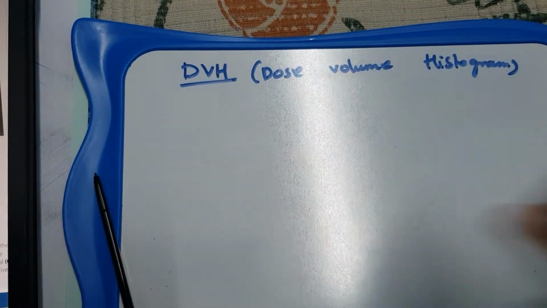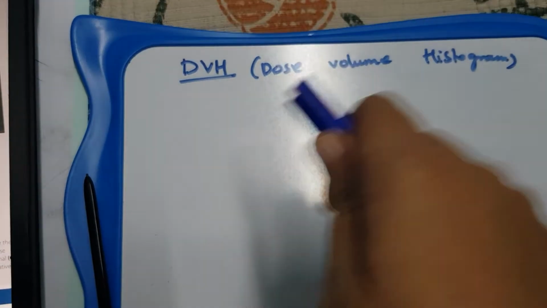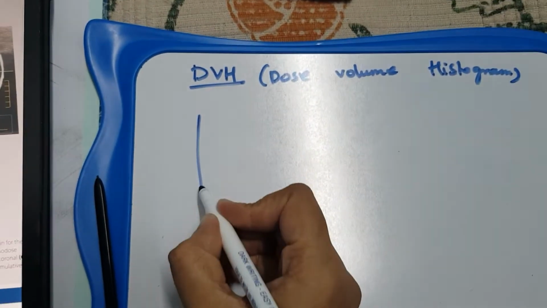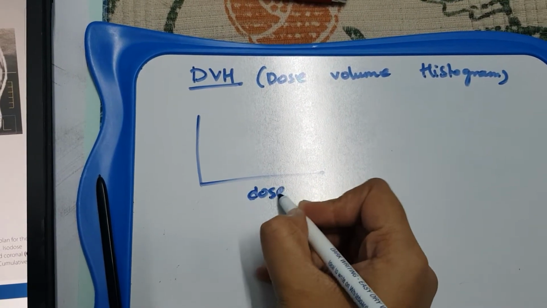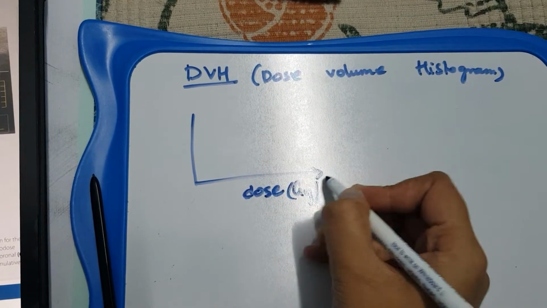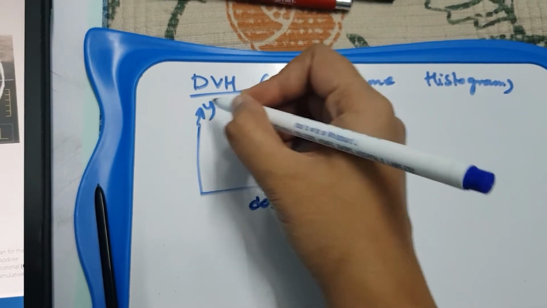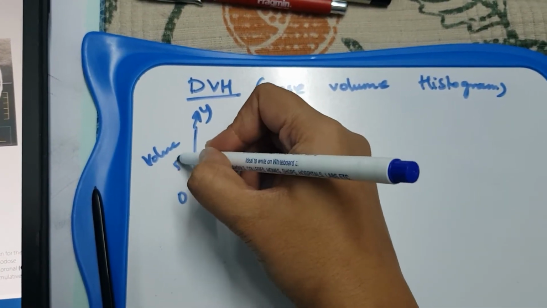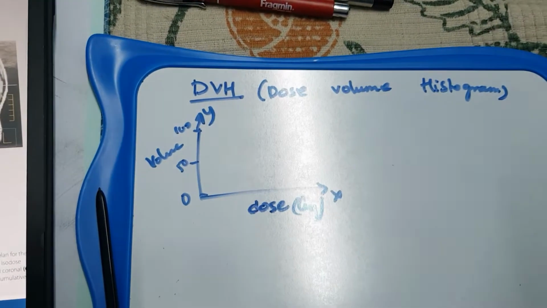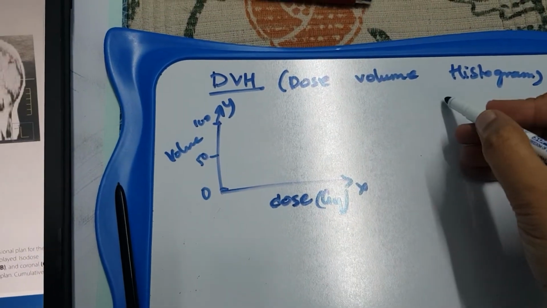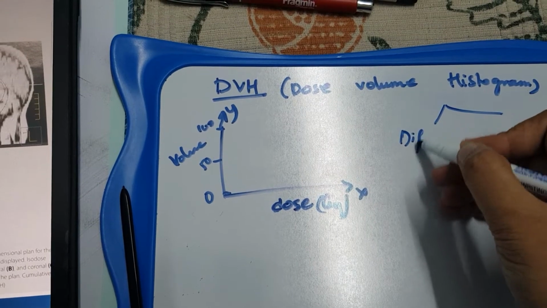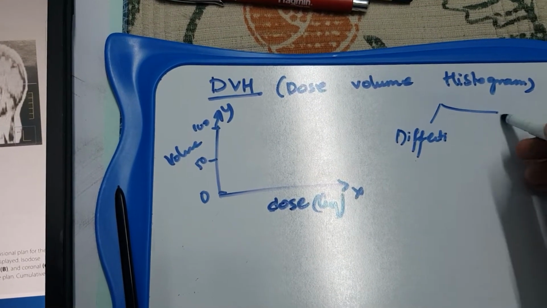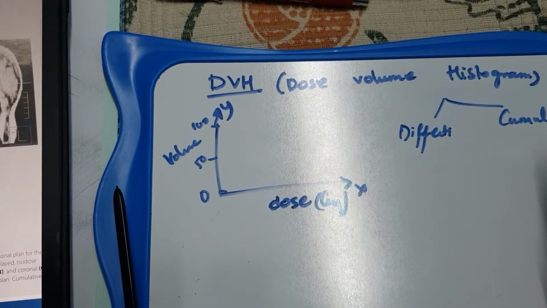receiving what percentage. So a dose volume histogram will have dose represented on the x-axis in gray, and on the y-axis volume is represented. If this is 0, 50 and 100% of the dose. Now DVH is divided into differential and cumulative DVH.